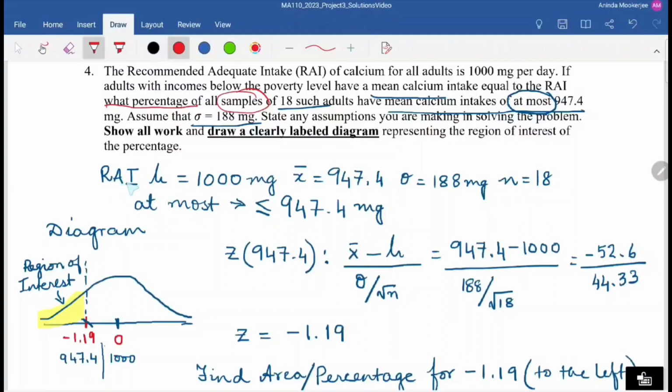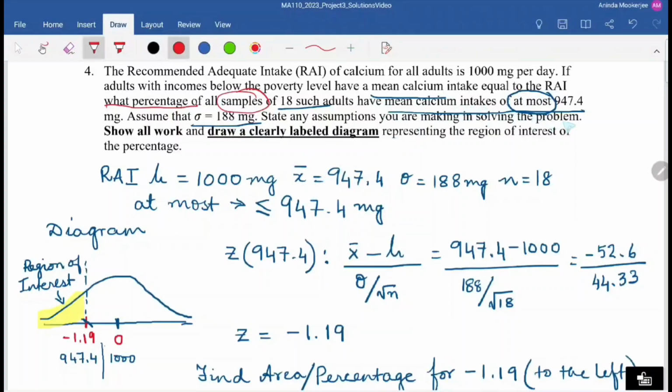RAI, the recommended adequate intake, represents the mean because that is the accepted RAI for all adults, and that's 1000 milligrams. So mu equals 1000 milligrams. What is the sample mean?